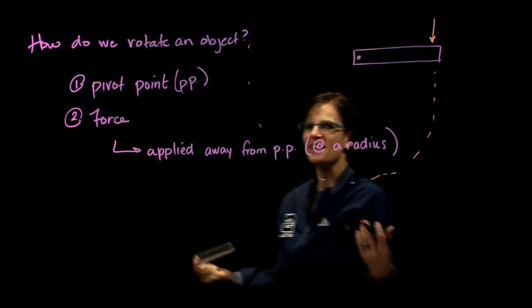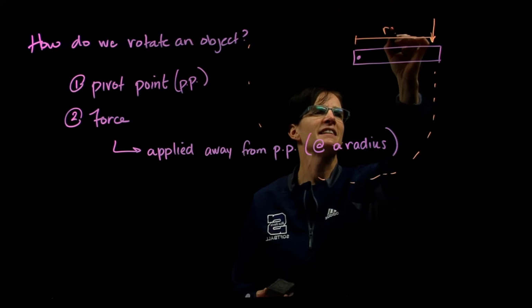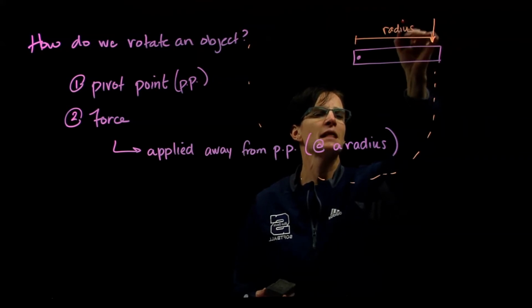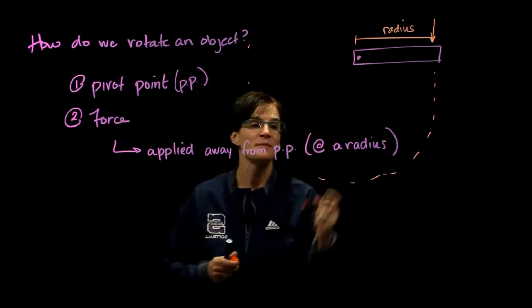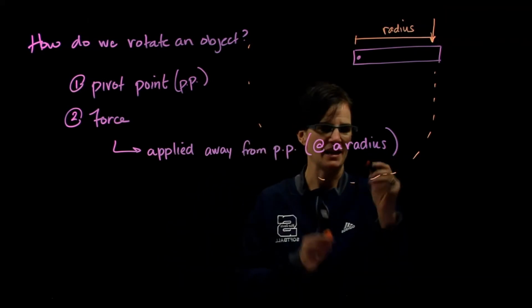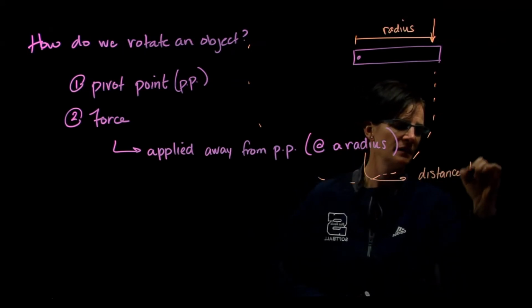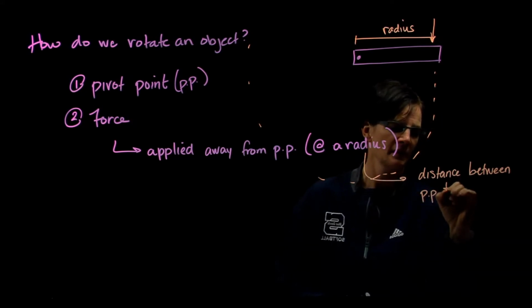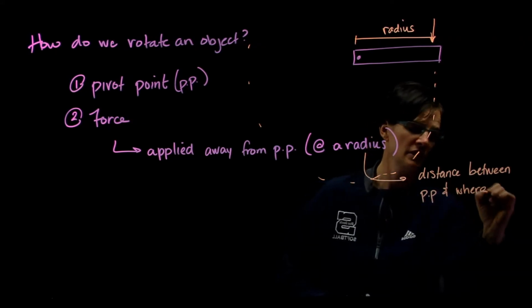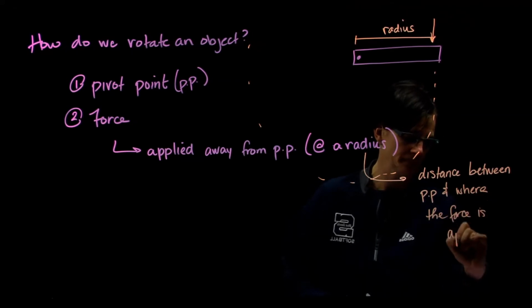The radius of that circle is going to be the distance between the pivot point and where the force is applied. And that's what this radius is defined as: the distance between the pivot point and where the force is applied.